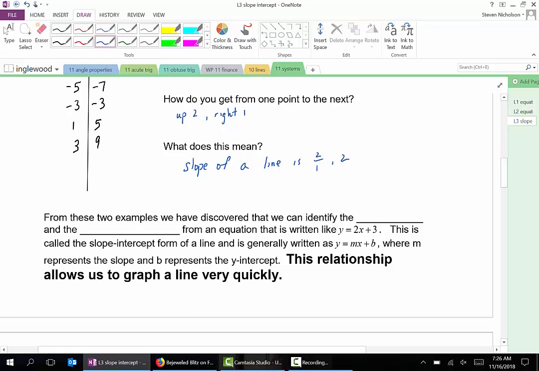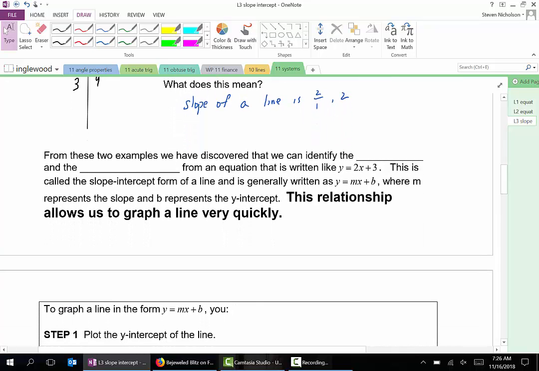And from these two little things, I hope you recall that we can identify the slope and the y-intercept of a line if it's written in this form right here. In this simple example, the 2 in front of the x will represent the slope, and the number after the x will represent the y-intercept.